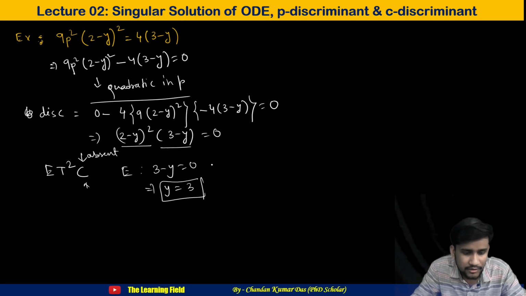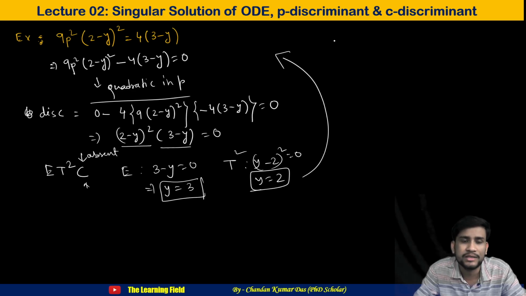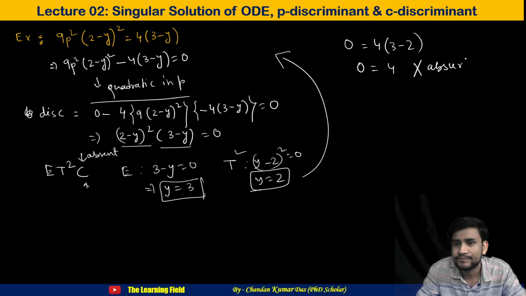T square means this one. So T equal means y minus 2 whole square equal to 0, that is y equal to 2 we get for T. Now if we put y equal to 2 in this differential equation, then the left side is 0, but the right side equals 4 into 3 minus 2, that is 0 equal to 4, which is absurd.